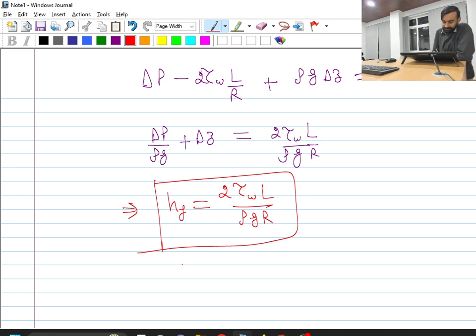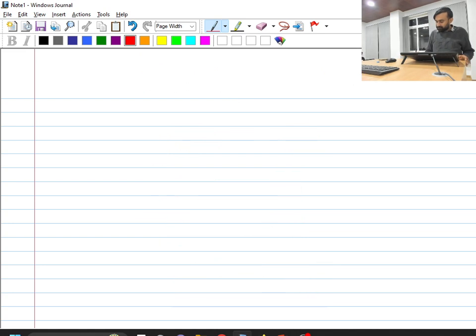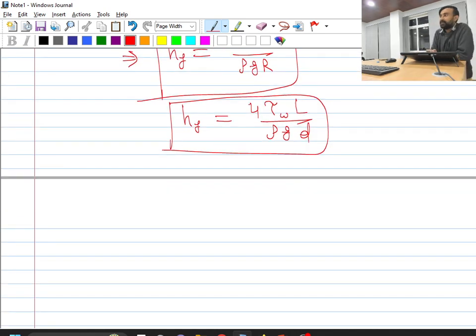And if I write it in terms of diameter, then HF will be equal to 4 times tau W into L by rho G D. Fine. Up to this point, is it clear? Okay. Now what I need to do is, I need to substitute over here the value of velocity field so that I can calculate tau W.